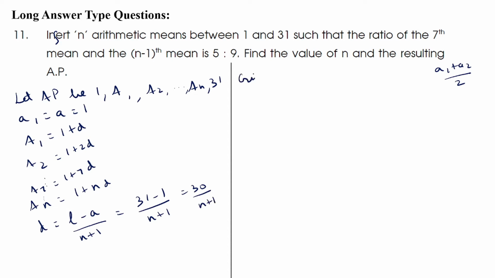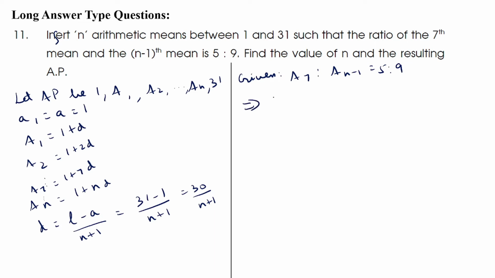Now it is given a7 is to a(n minus 1) is equal to 5:9. This is what is given in the question.